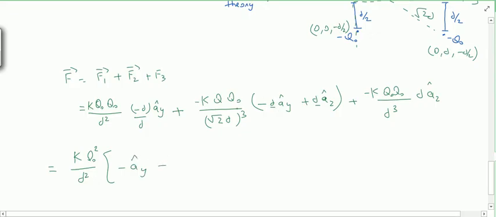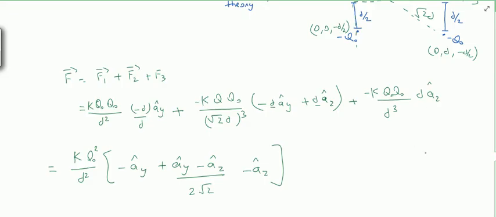Here what is remaining? If I multiply this, it will be plus ay cap, and here it will be minus az cap by root 2 cube, that is 2 root 2, and here it will be minus az cap, right?